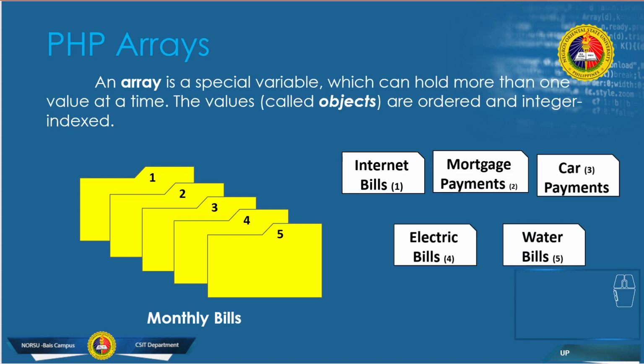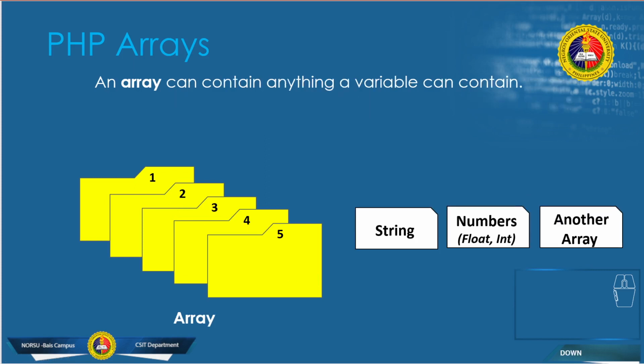So just like in our example, if this is going to be our variable, let's say monthly bills, you can have up to 5 or let's say more folders or objects inside your variable, and these objects can have their own values. So that is what you call an array. So again, an array can contain anything a variable can contain. So it could be a string, it could be numbers like float or integers, or an array can also store another array. Okay?